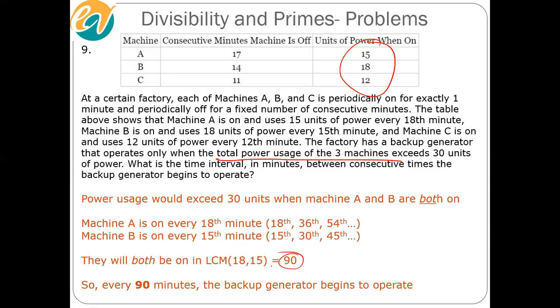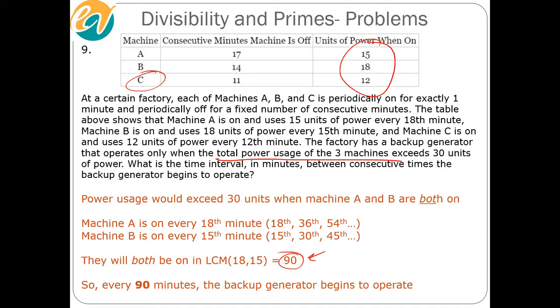The third machine is at this point of time utilizing zero power, but that's obviously zero is also a number. Yeah.